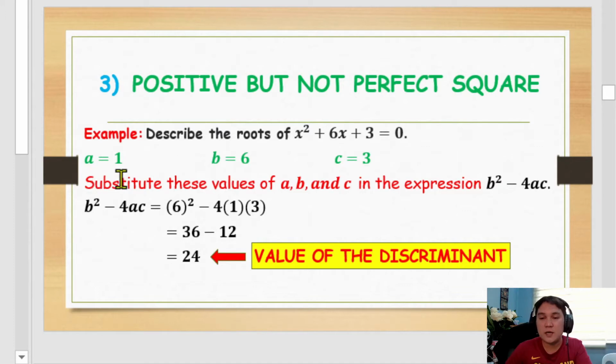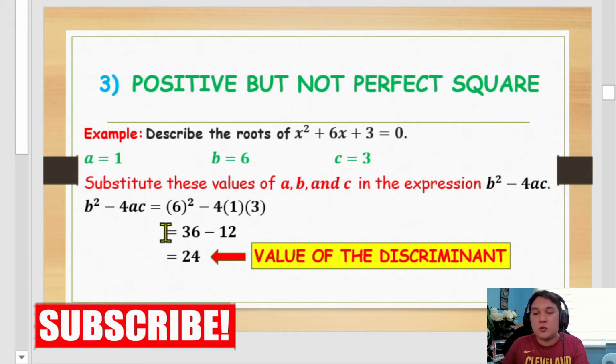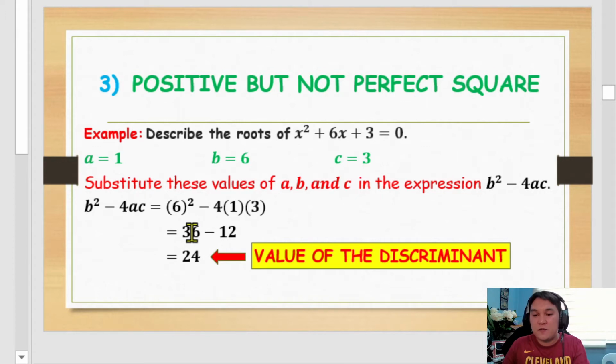A is equal to 1, b is equal to 6, c is equal to 3. Then, substitute these values of a, b, and c in the expression b squared minus 4ac. This b squared minus 4ac is our discriminant. b squared minus 4ac is equal to 6 squared minus 4 times 1 times 3.